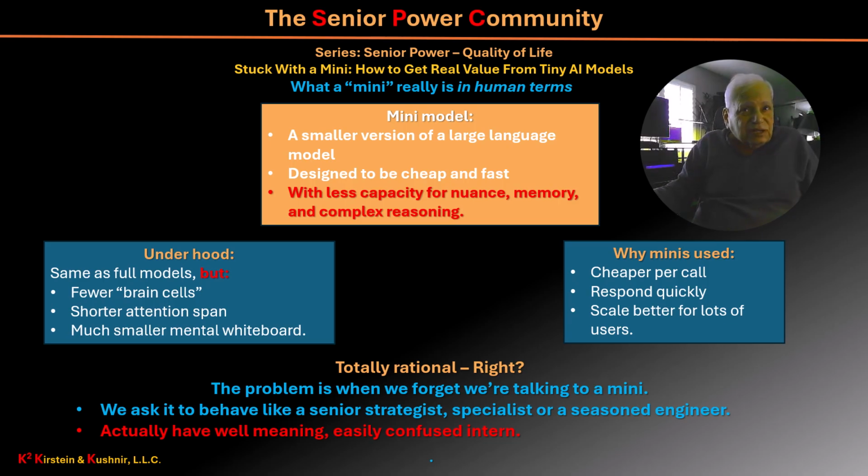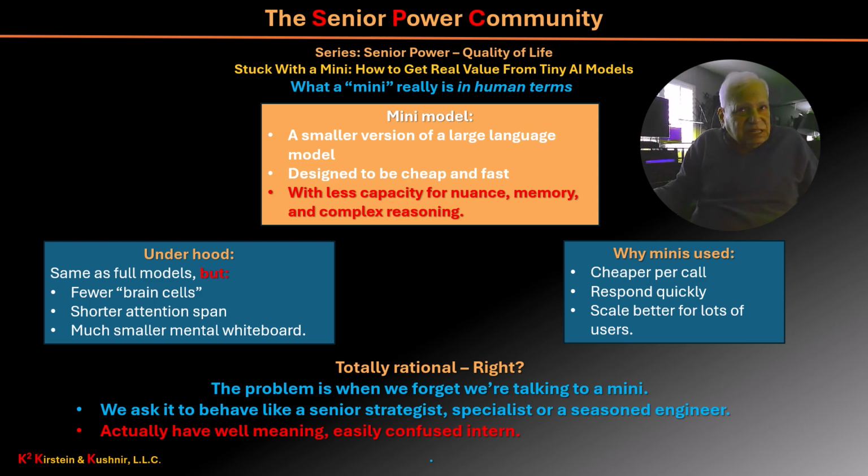The problem arises when we forget we're talking to a mini. We ask it to behave like a senior strategist or a specialist or a seasoned engineer, and what we actually have is closer to a fast, well-meaning, but easily confused intern. If you give that intern a very specific, well-bounded task, they can be great.